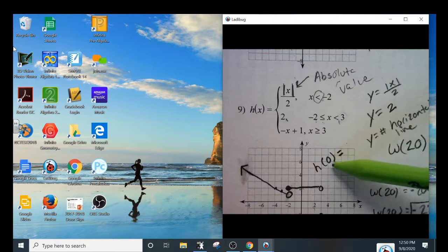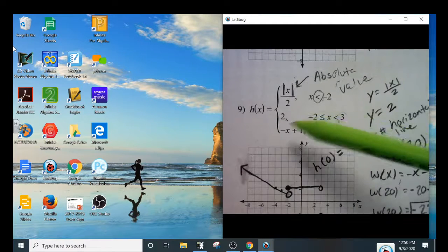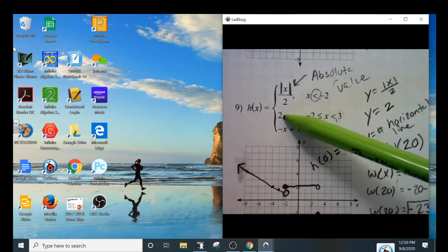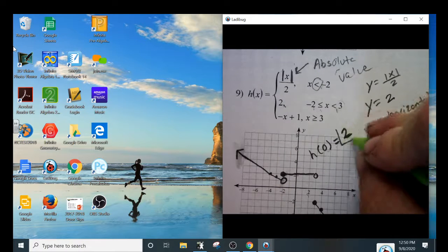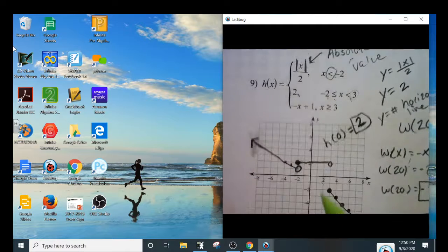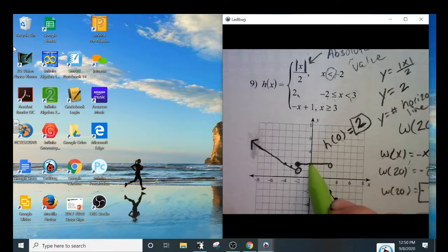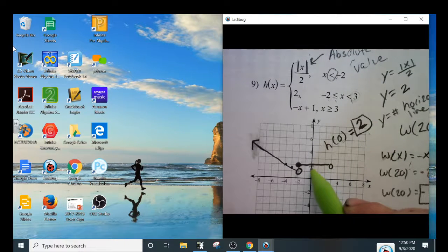Guys, everybody understand that? 0 is between negative 2 and positive 3. So, guys, when x is 0, if it's just a number like this, you just write that number down. Because, guys, if you think about it, if you go back to your graph, when x is 0, that's the y-axis. What y value does that function go through? 2, right? When x is 0, y is 2.